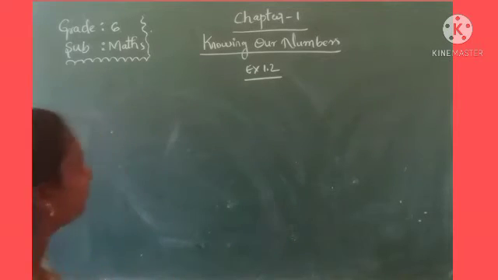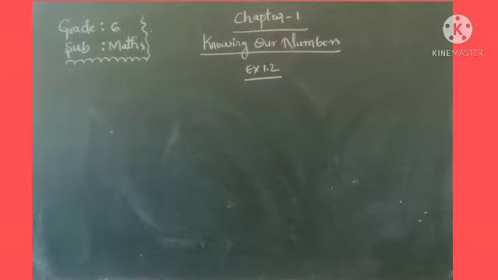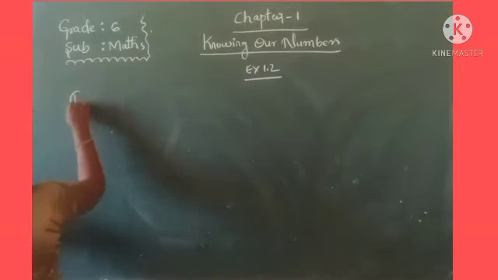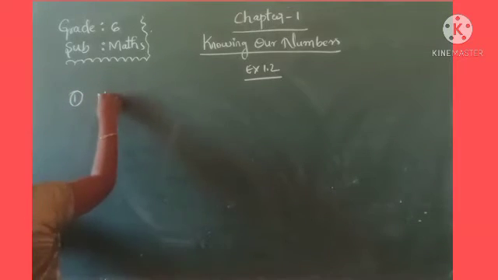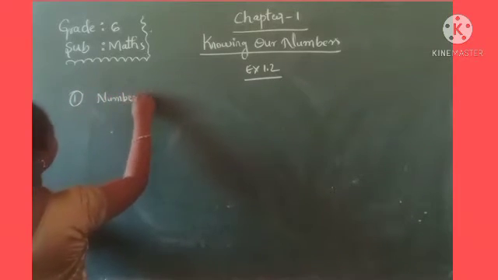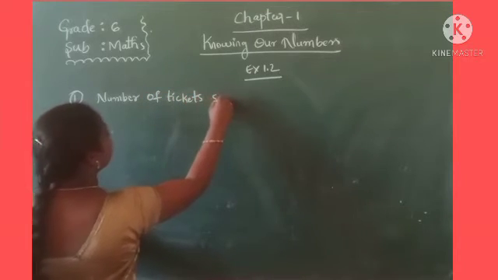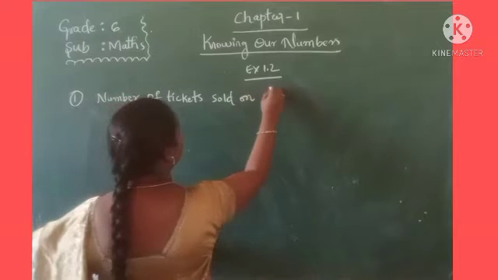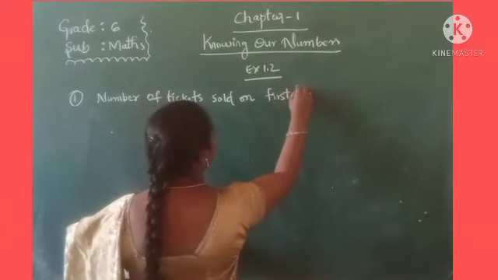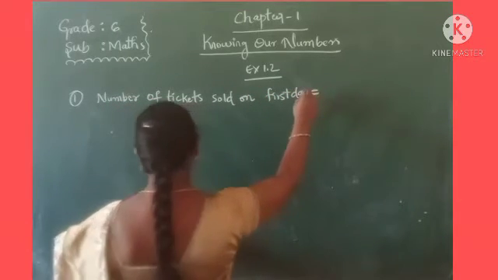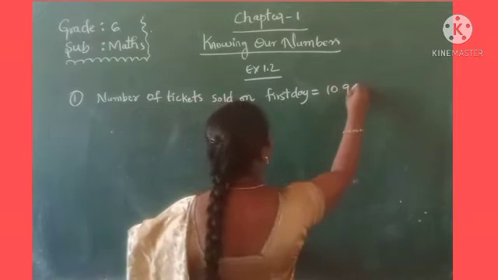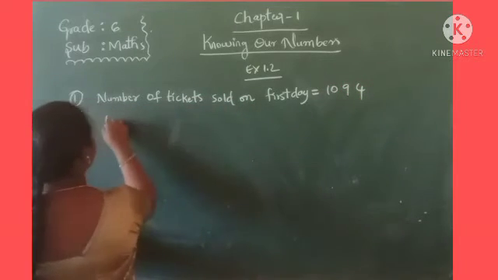For that, first you write the given values. The number of tickets sold on the first day: 1094.